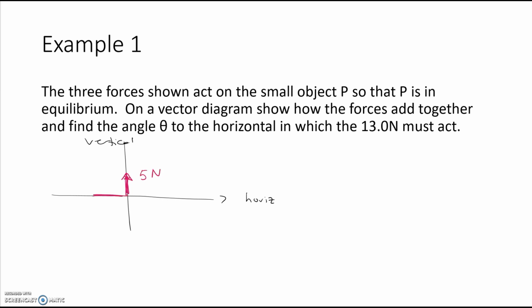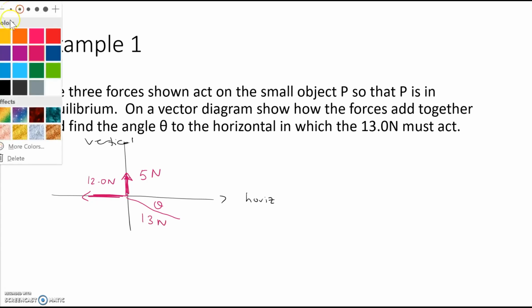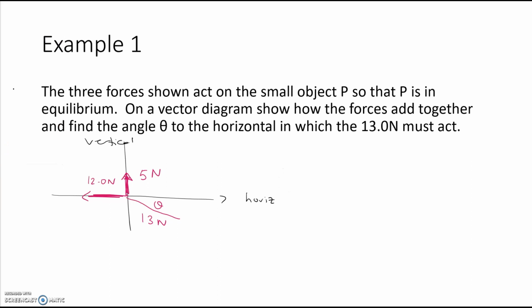We've got a force this way of 12 newtons, and we've got a force this way at an angle of theta of 13 newtons. So the resultant of these three forces is zero because it hasn't gone anywhere. The 3 forces are balanced. They give a closed triangle.